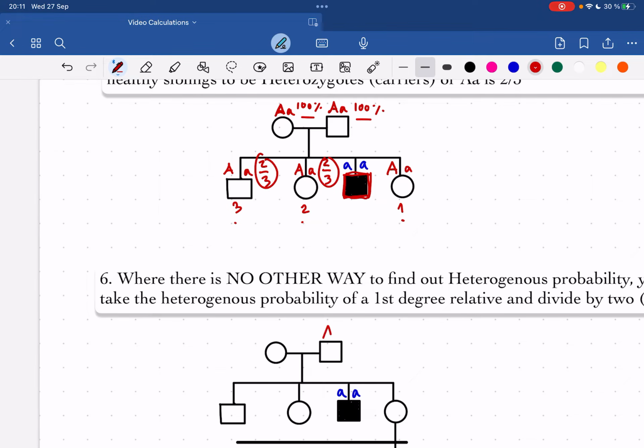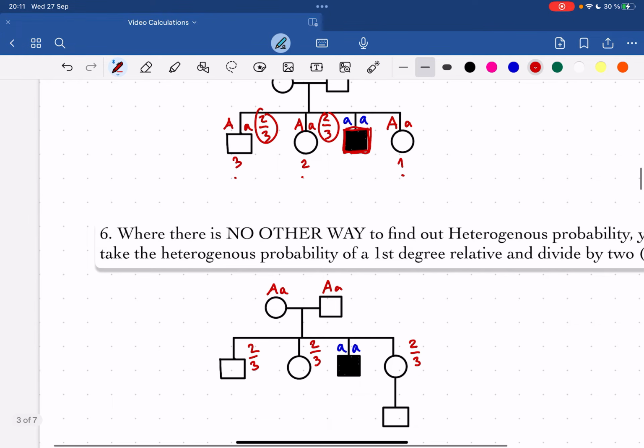That means the parents have to be heterozygous because they're healthy, but they have to have one recessive allele each to give to the child. And the siblings being non-affected but having an affected sibling and non-affected parents have 2 out of 3 chances of being Aa, right? Or heterozygous.